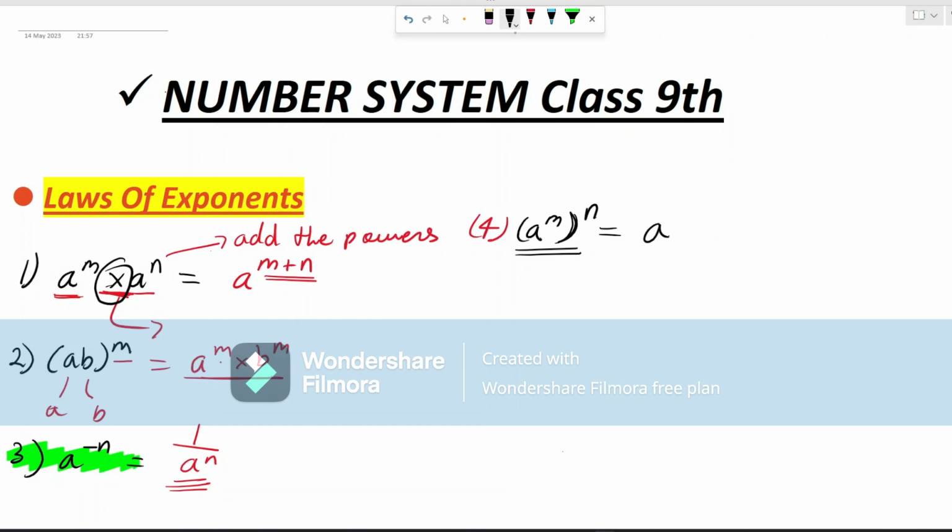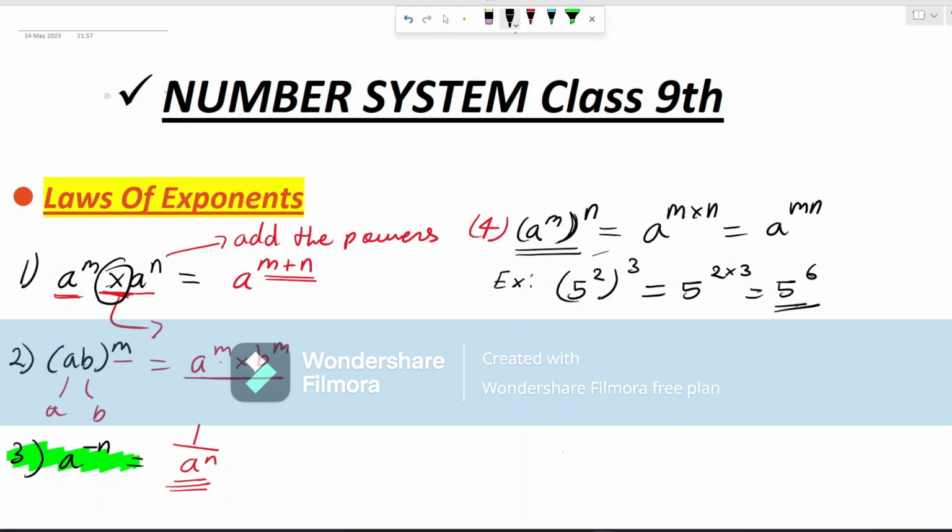So you will multiply them. So m into n. This will give you a to the power mn. Let me give you an example. 5 square bracket whole cube. This will be 5 to the power 2 into 3, which is 5 to the power 6.